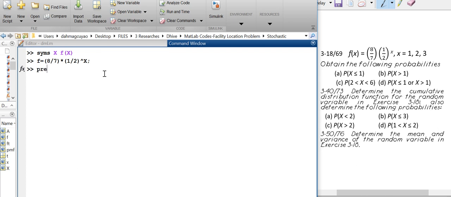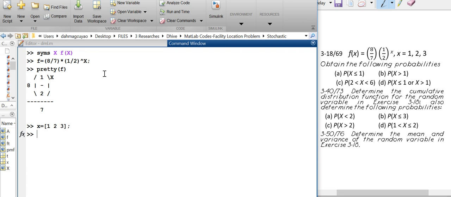Now if we want to check pretty f, f of x is equal to 8 over 7 times 1/2 raised to x. Now we know that x can take values, so I would be using lowercase x. So x takes the values 1, 2, and 3.